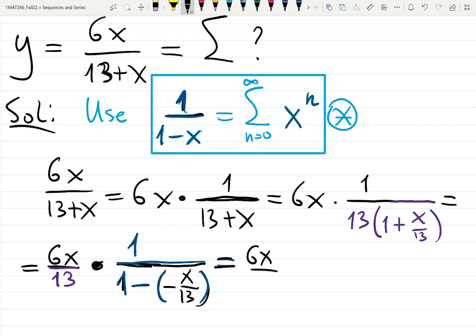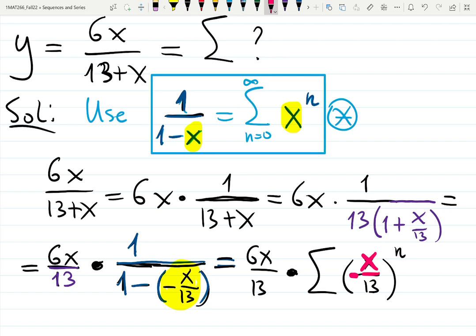6x over 13 times this sum. The new input is minus x over 13. Wherever I see x, sum of input to the n, where the new input is minus x over 13. Let me put it in red color.